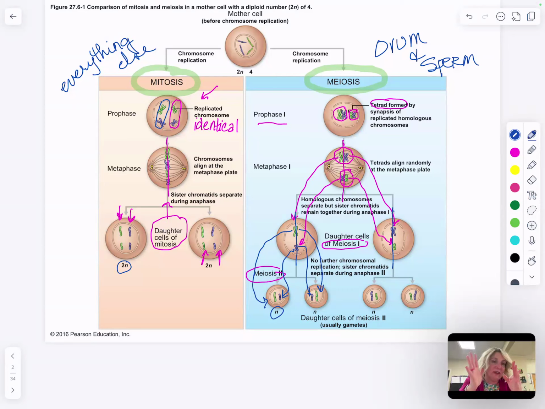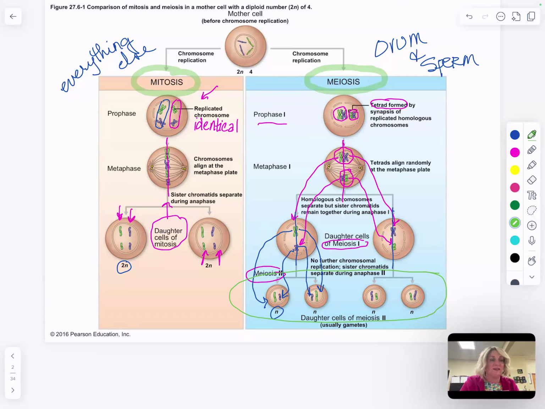And instead of having 2 cells with mitosis, you now have 4. And every single one of these 4, every single one, they all have different genetics. There is no identical genetics, not like mitosis. Mitosis, everything is identical. In meiosis, that's not true at all.